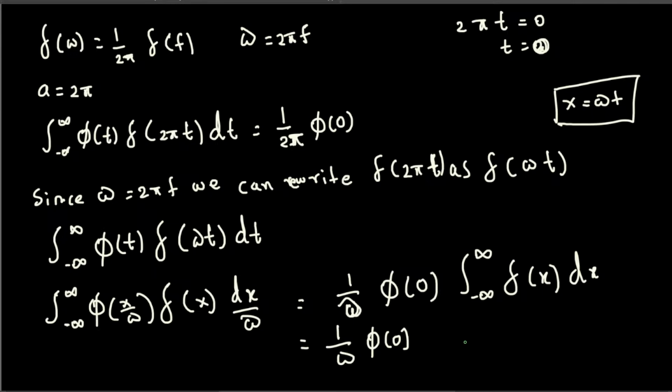Since omega is equal to 2πf, we can rewrite this as 1 over 2πf φ of 0. So that's the answer. And this one is basically equal to 1 over omega, 1 over 2π. Instead of f right here, we can put delta of f, it is the same thing.